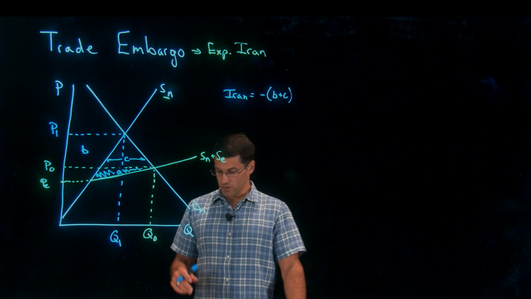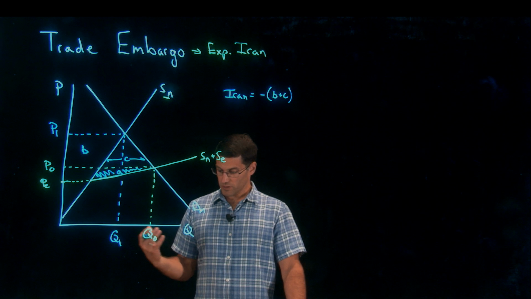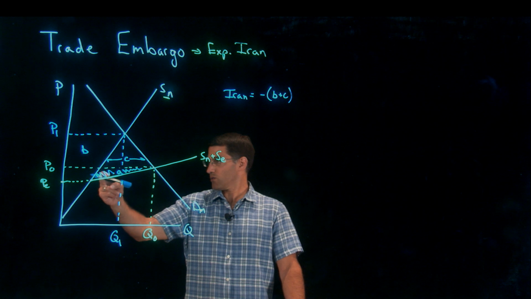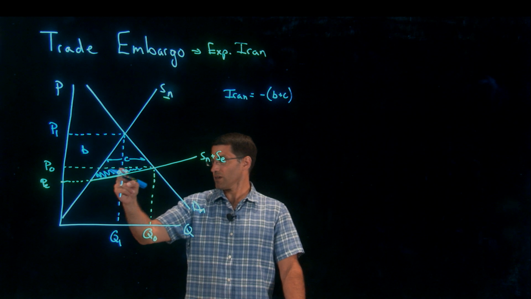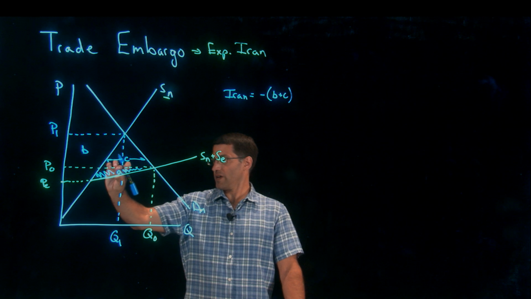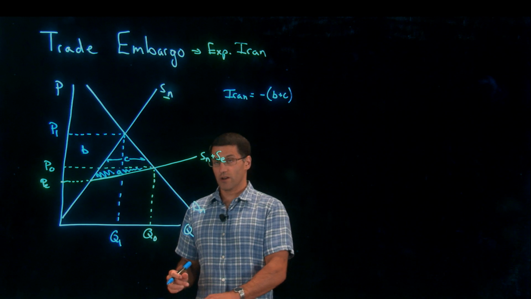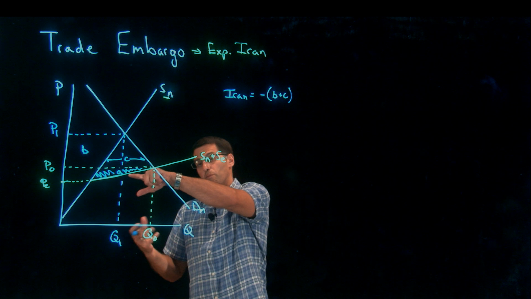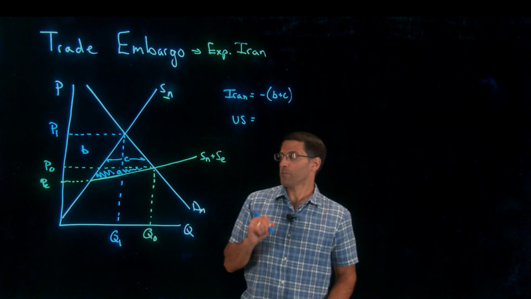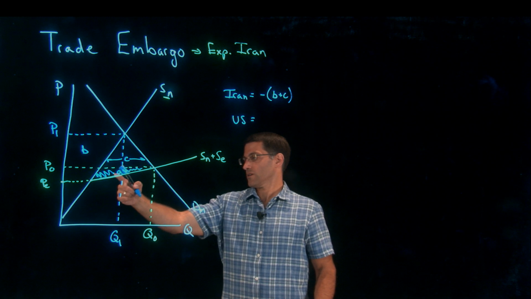What about the U.S.? Well, we can see here is this area A. That area there is the loss to, let's say the embargoing countries is the U.S., right? The loss to the U.S., the embargoing country, is A.